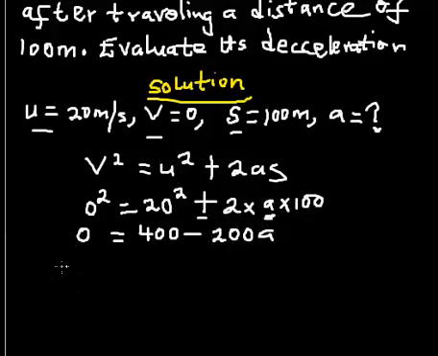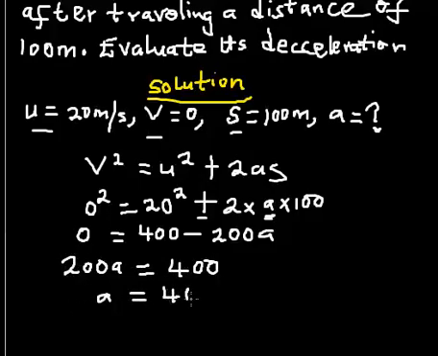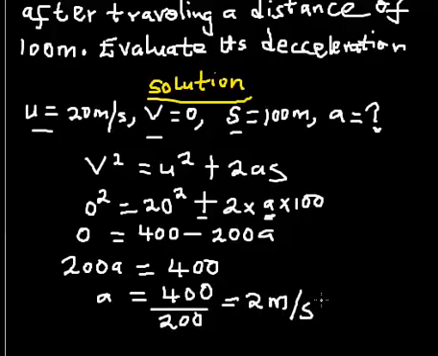It becomes 200a equal to 400. So a now is going to be equal to 400 divided by 200, which is 2 meter per second squared.